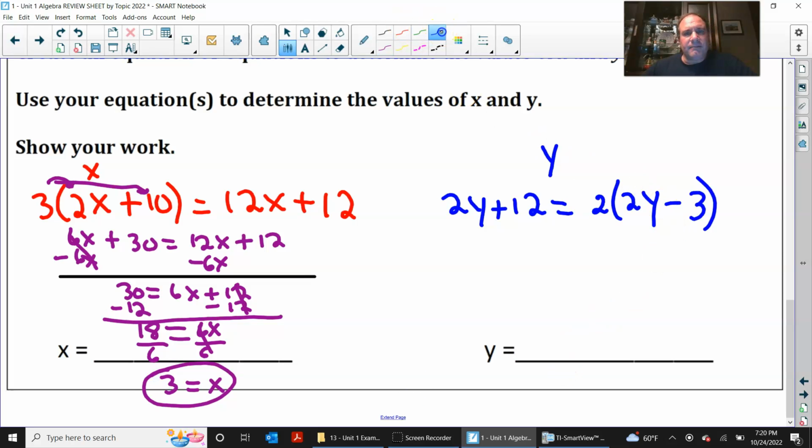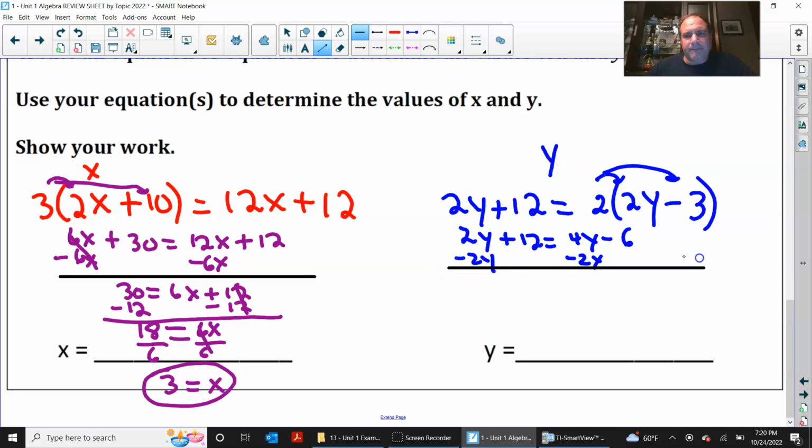On this side, I am going to solve for y. Again, I have to do distributive property first. So I have 2y plus 12 equals 4y minus 6. I'm going to subtract the 2y, getting the y's together. The 2y's cancel.